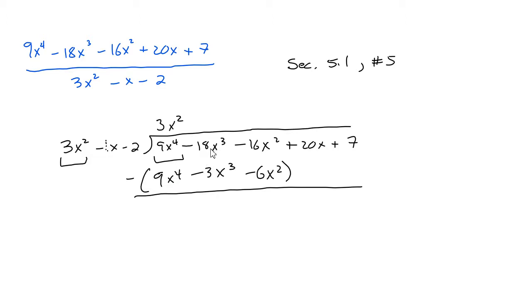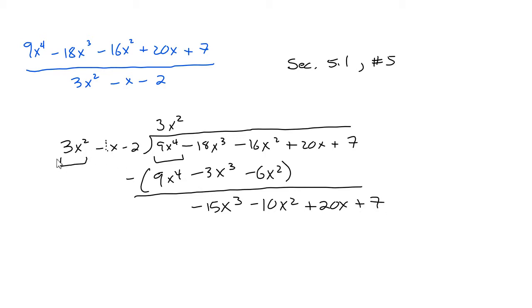Then negative 18x cubed plus 3x cubed, because minus on a minus is plus. Negative 18 plus 3 makes negative 15 of these x cubes. Negative 16 plus 6, right, because minus on a minus is plus, so negative 16 plus 6 makes negative 10x squared, and then the 20x has nothing to subtract from it, so we just leave it as 20x. We have nothing to subtract from the 7, so I just leave it as a 7.